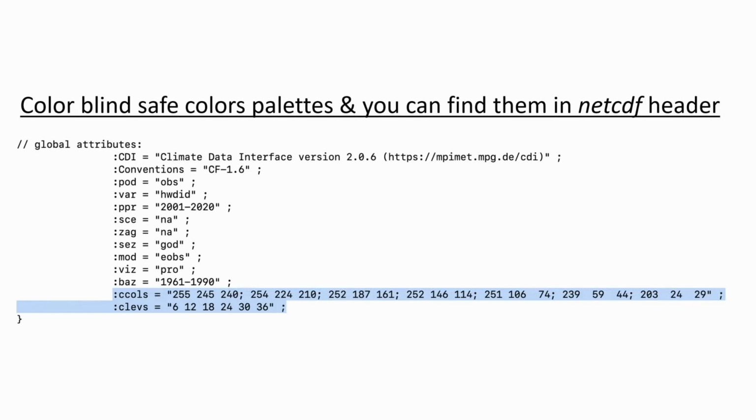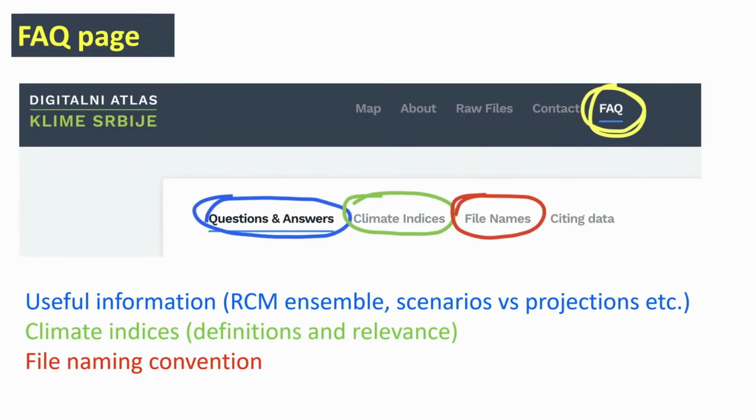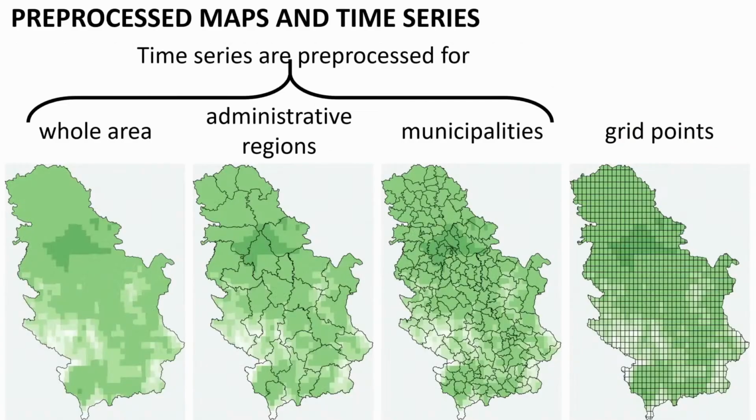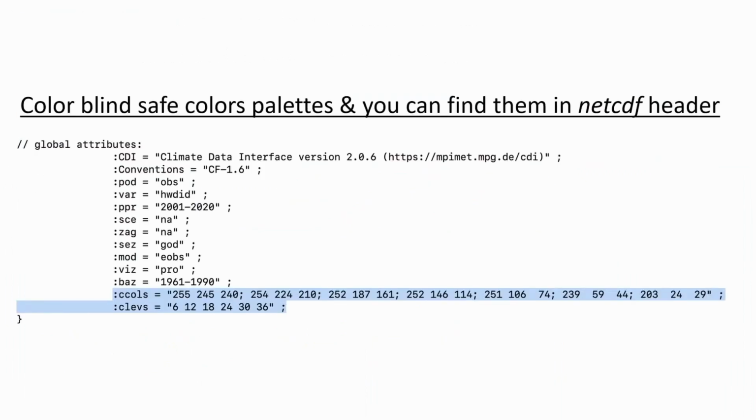And this is also one interesting thing, because there are a lot of maps with colors. We use color bars which are colorblind safe, because some people are not capable of seeing different shades of the same color.